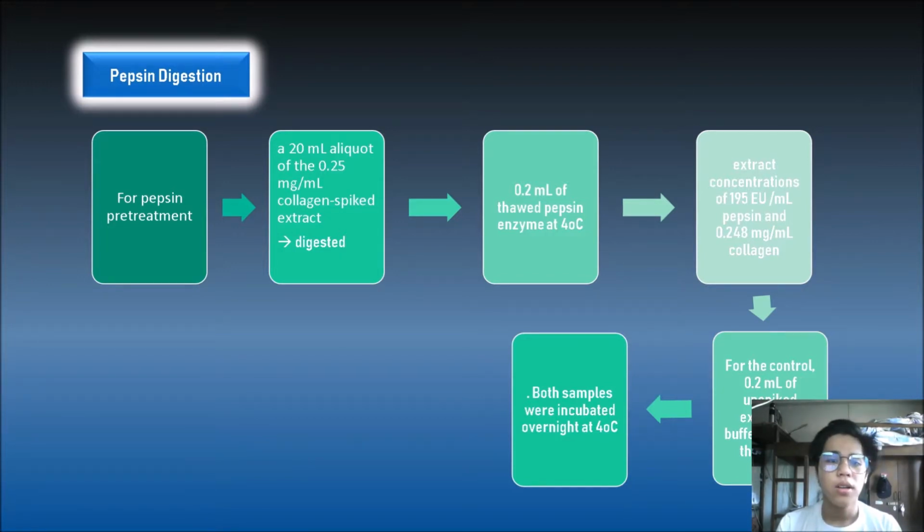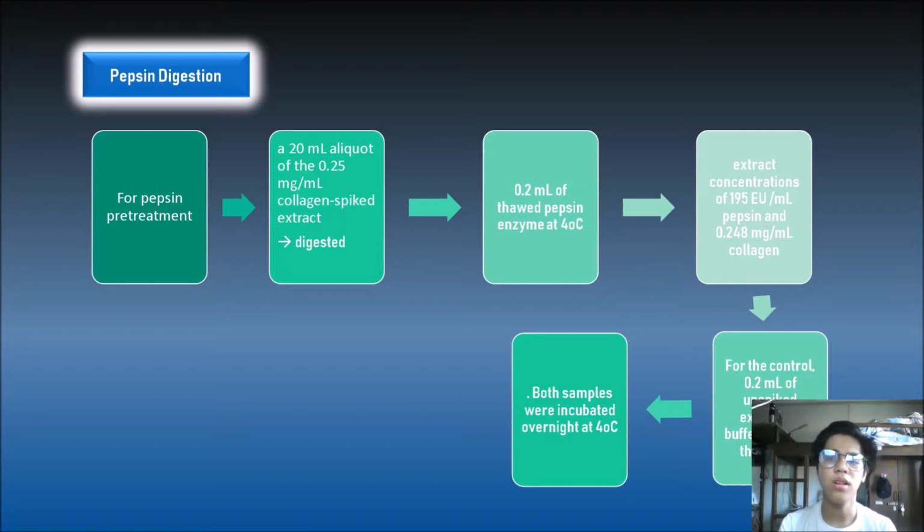For pepsin digestion, a 20 ml aliquot of 0.25 milligram per ml collagen spiked extract was digested with 0.20 ml of pepsin enzyme at 4 degrees Celsius, giving a concentration of 195 micrograms per ml pepsin and 0.248 milligram per ml collagen.